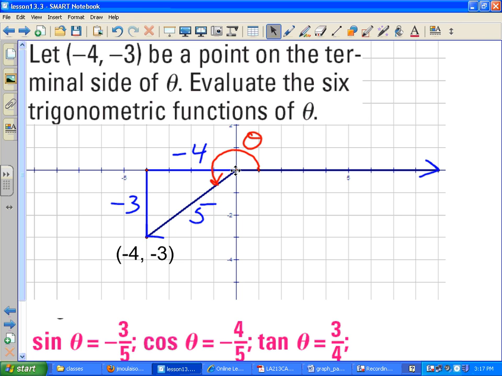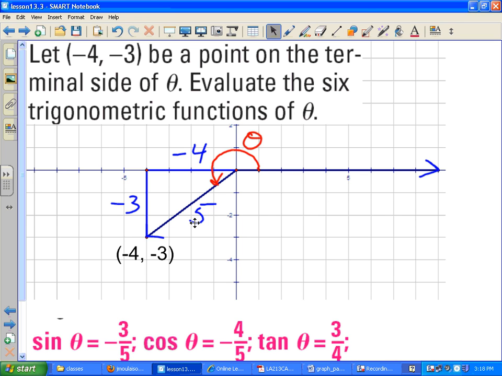I draw a ray to that point, and that determines the x value here, that's -4, and the y value here, that's -3. And I can see based on this right triangle that the r value would be 5. It's a 3, 4, 5 triangle. Remember, the y and x values will be positive or negative depending upon the quadrant. The r value is always positive.